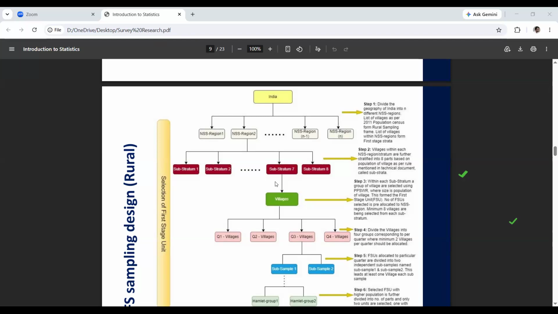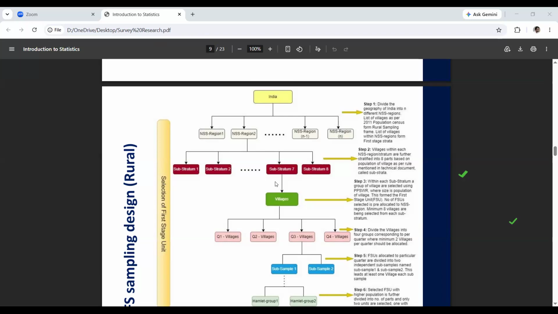Sometimes people ask me or others, can we compute estimates of unemployment rate, labor force participation rate at district level? The simple answer is no, because the sample is not representative at district level. It is representative at NSS region level. The minimum representation level is the NSS region.